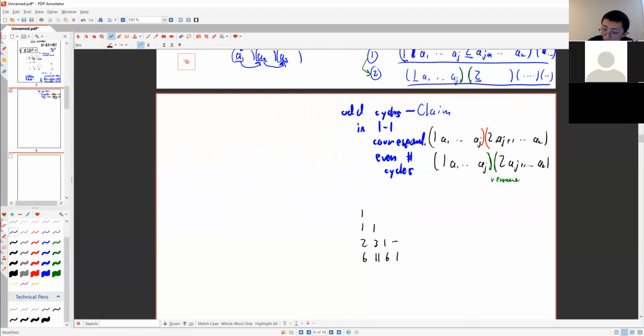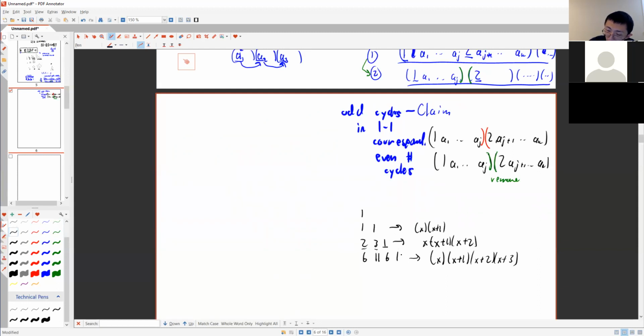So, if we notice here, let's say I expand, this corresponds to this. If I expand this, I'll get these as the coefficients. If I expand this, I'll get these as the coefficients.